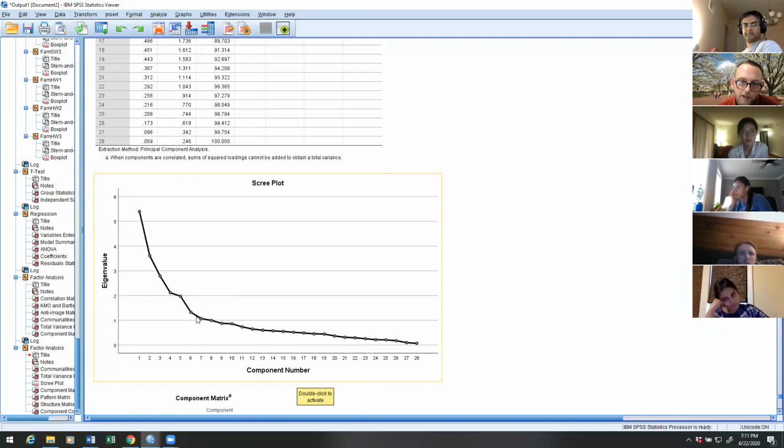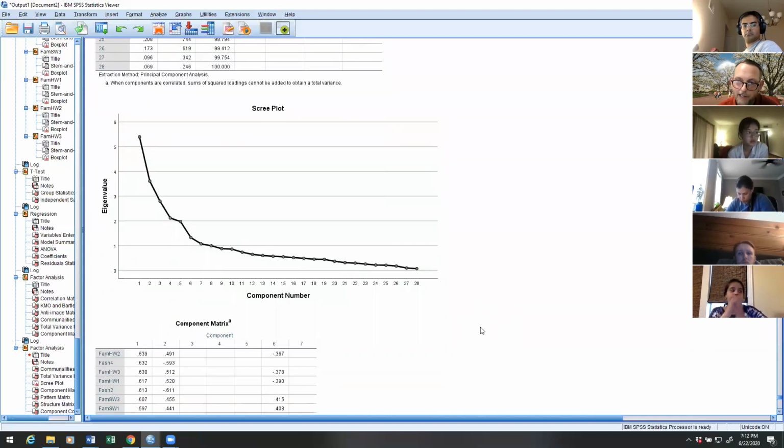Even though we're using the greater than one rule, you could make an argument that it breaks somewhere in here, and maybe we use the first five or something along those lines. So I would say this is probably more inconclusive than conclusive, but at the same time, this is exploratory, so we're going to try a bunch of different things. This will not be our final solution here.